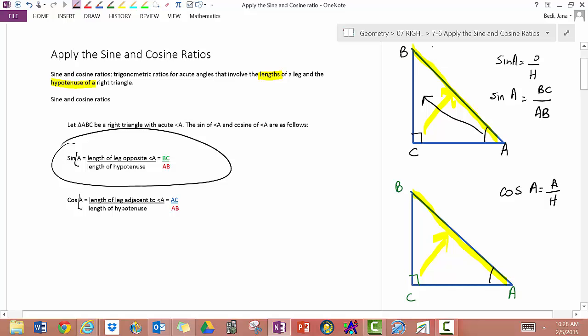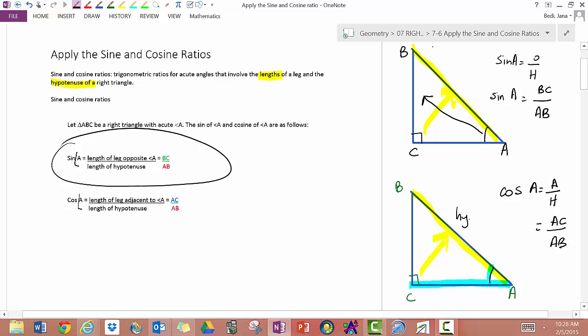So what is adjacent to angle A? If I draw this arc, that arc touches the hypotenuse and the other side it touches is AC. So this is adjacent, and cosine of A is AC over the hypotenuse, which is AB.